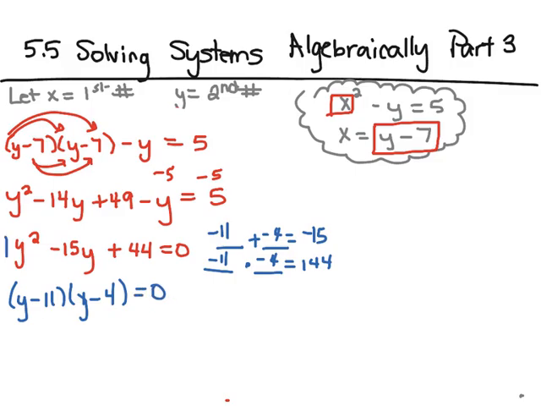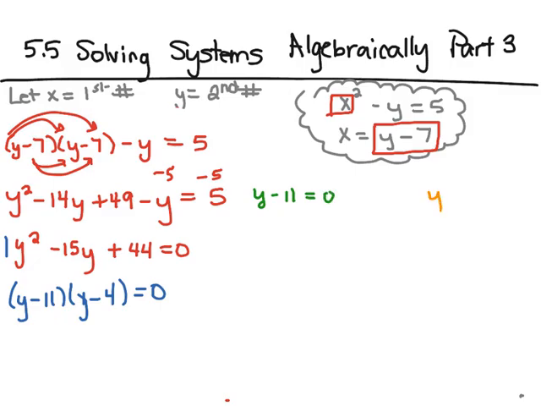So that means that y minus 11 equals 0, or y minus 4 is equal to 0. So y can either be 11 or y can equal 4.